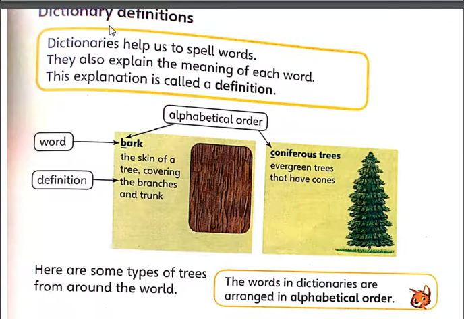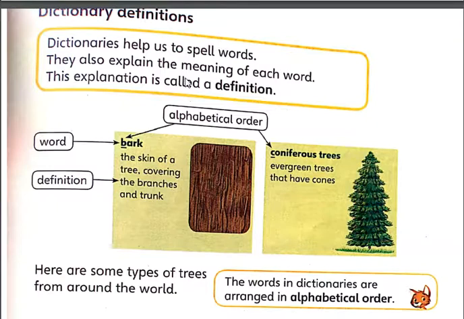So the first page in your dictionary, you will find the letter A, and all the words that begin with the letter A. Okay, so first I find words that begin with the letter A, for example, apple, and then I see what the word apple means, and then we will go to letter B, for example.